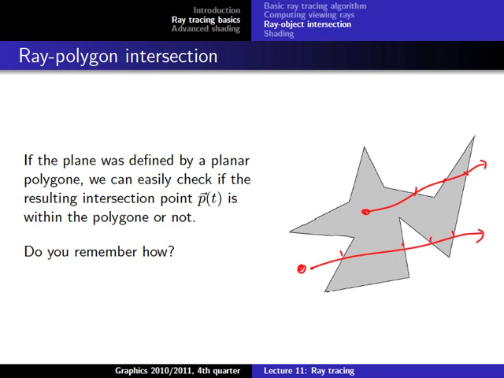And I said one of the exceptions we have to take care of is, of course, if we shoot our ray in a way that it maps to one of the edges of the polygon, then we just have to do a special treatment. And then after the lecture, someone made me aware that there is also another special case. Any idea?